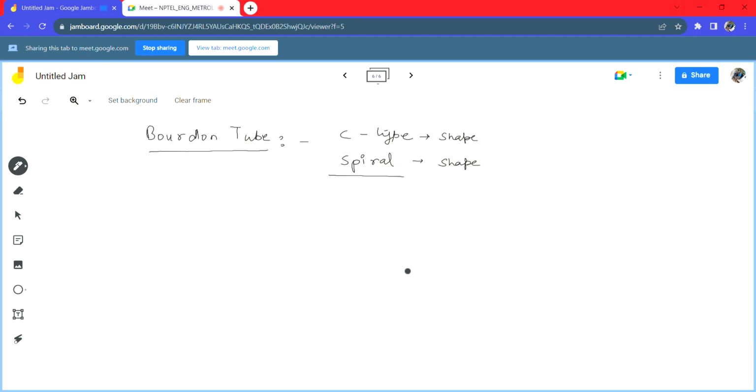So let us suppose we consider this first C type. So this is the normal shape of a C, and one of its end is closed and is hinged to, say, a straight line.